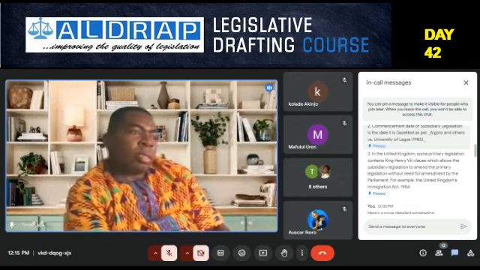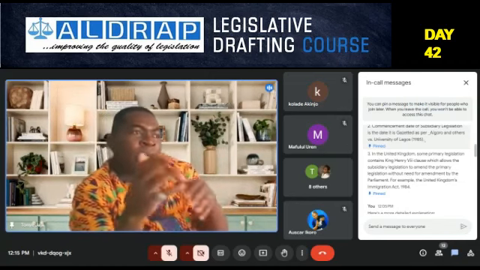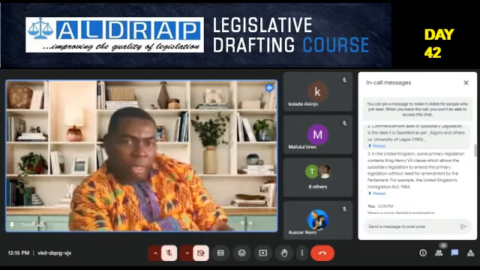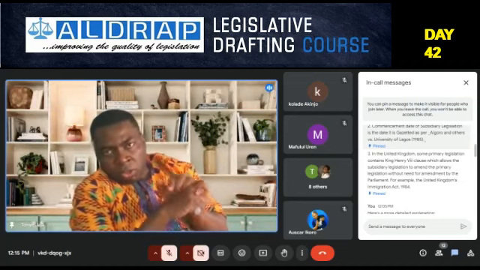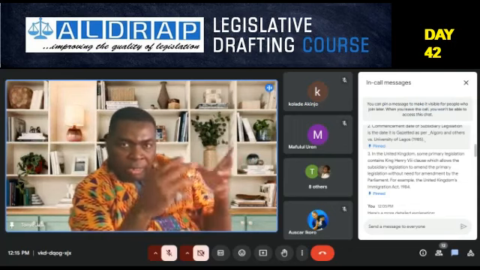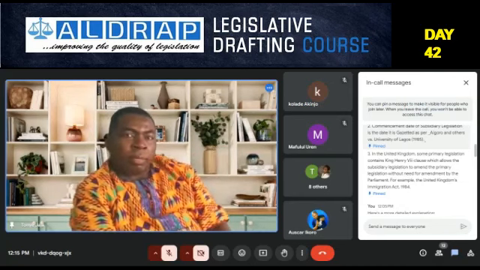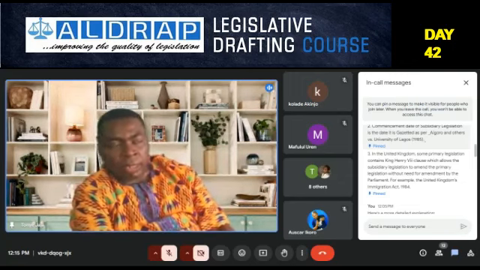I notice in Lesotho it's called regulations. Now, there are other types of subsidiary legislation, such as proclamation. In our constitution in Nigeria, we have what is proclamation. The president can proclaim a state of emergency. So that's an example of delegated legislation.